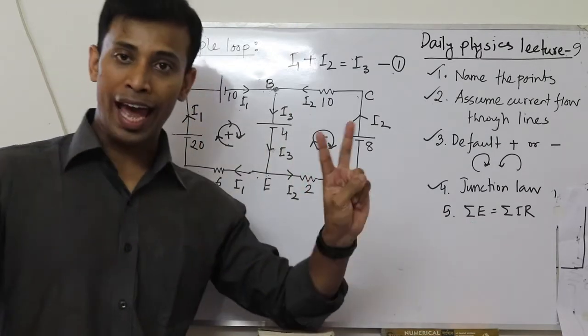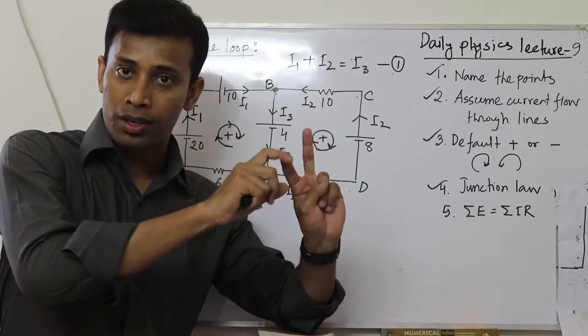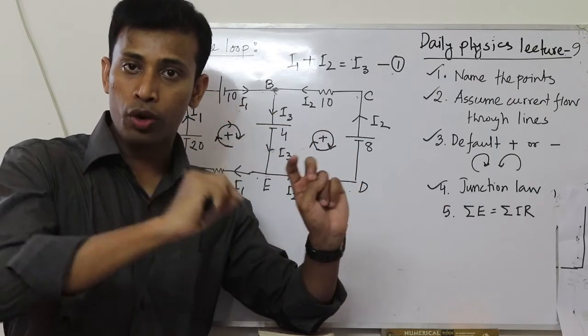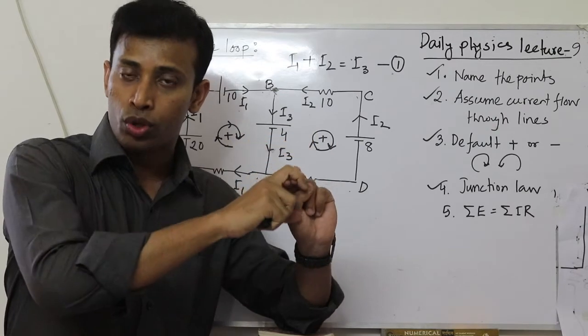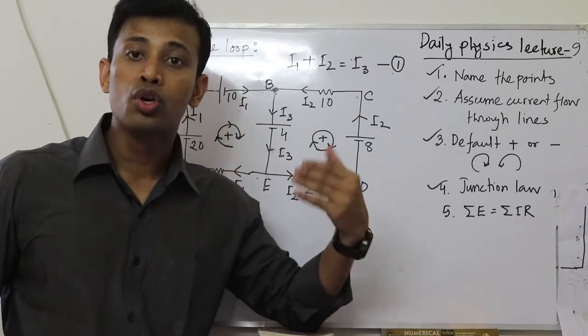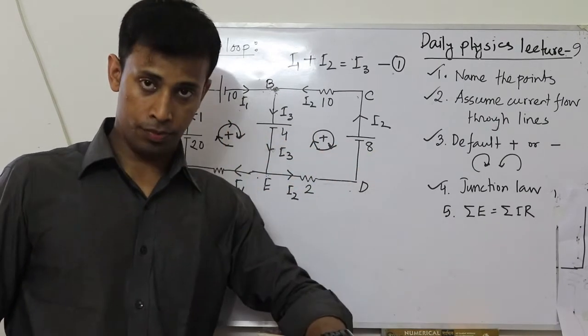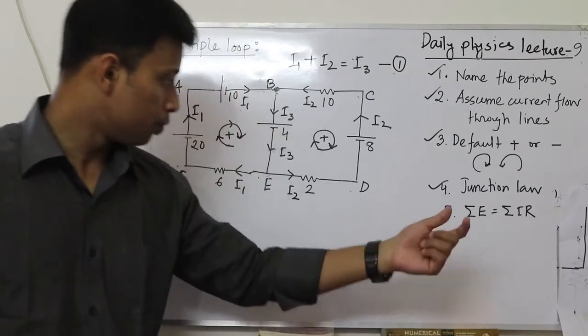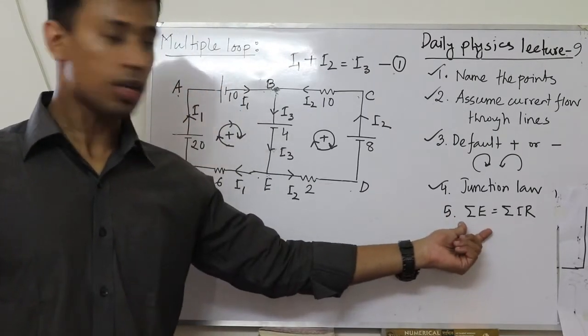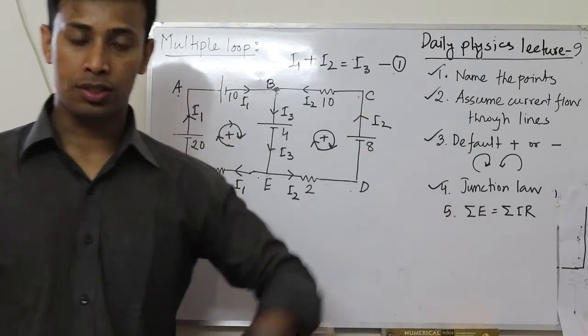So we have to use 2 loops. We have to use this step 5 twice.